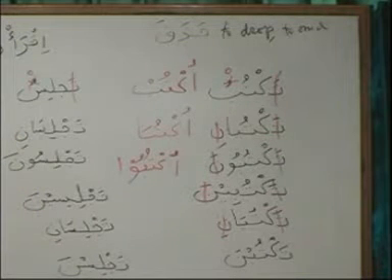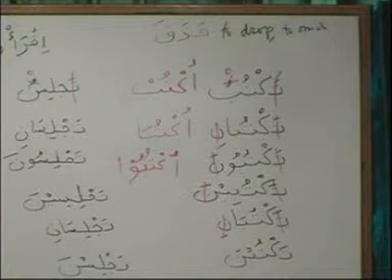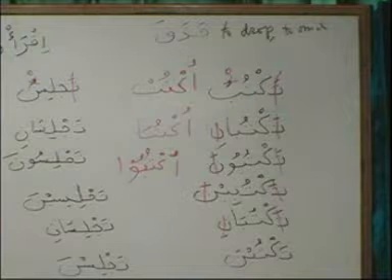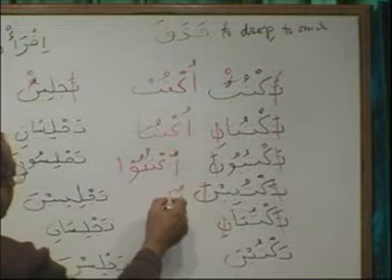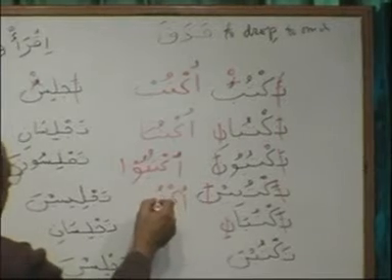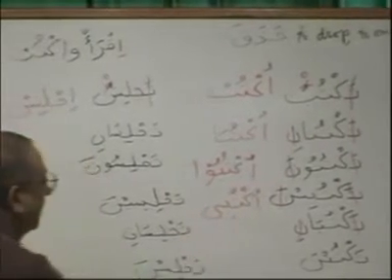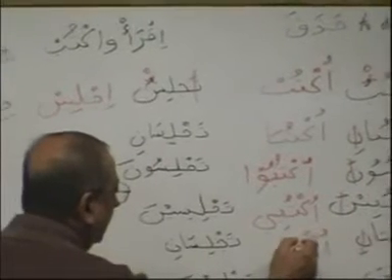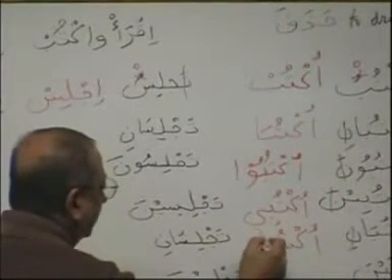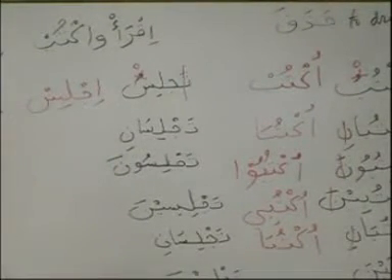How will you describe? Fi'lu amrin mabniun ala hazfi noon. And then uktubi. Fi'lu amrin mabniun ala hazfi noon. Again, the next one, uktuba, same, fi'lu amrin mabniun ala hazfi noon.